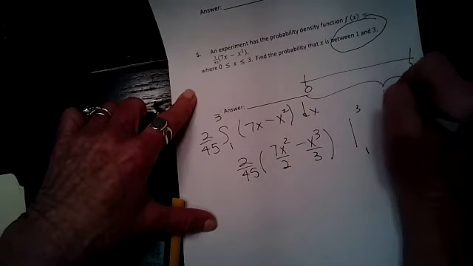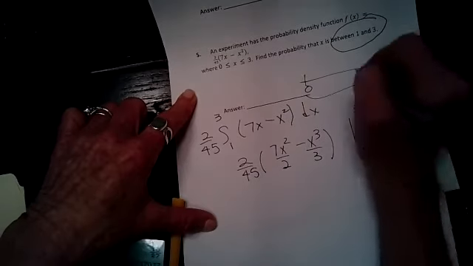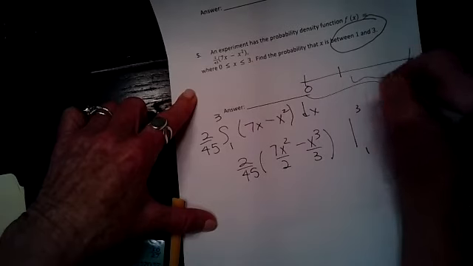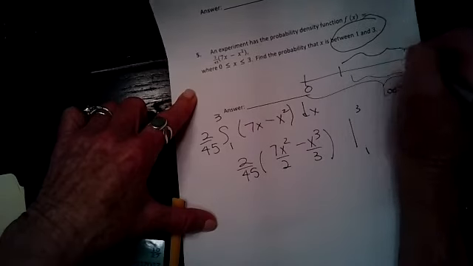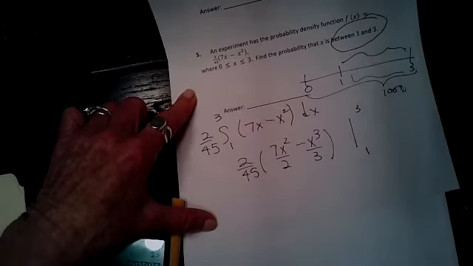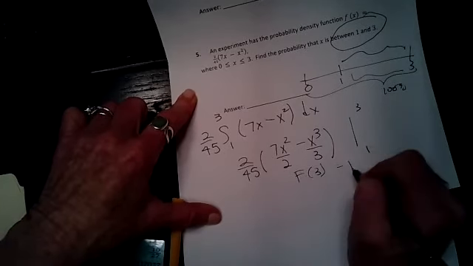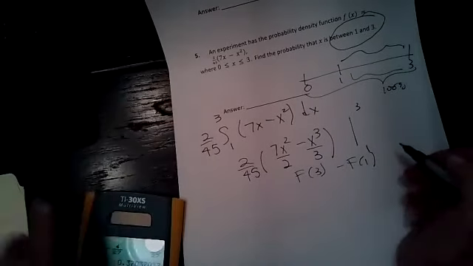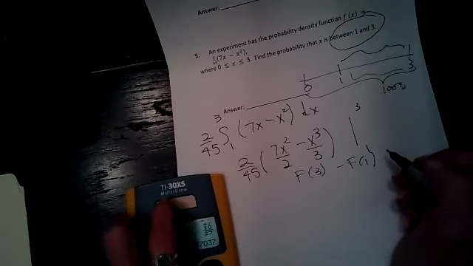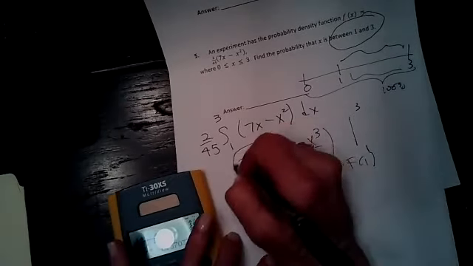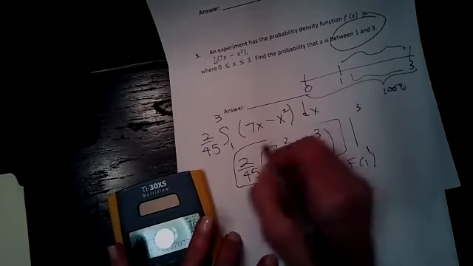That's a 100% probability. So we're trying to find now what this is from 1 to 3. Okay? All right, so f of 3 minus f of 1. So let's keep everything as a fraction, but don't forget when you type in your function to put the 2 over 45 in there.